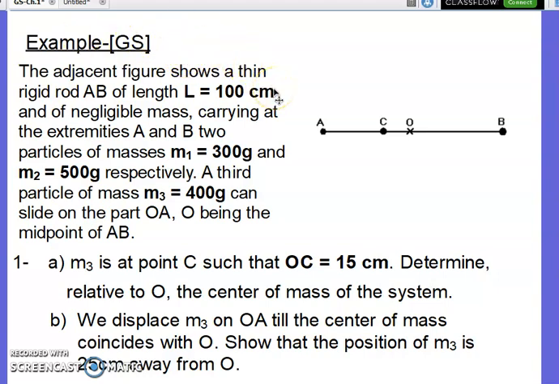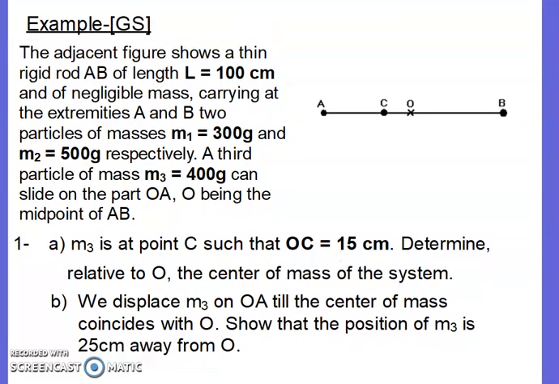So in this example, we have a thin rod AB of length 100 centimeter and of negligible mass, carrying at the extremities A and B two particles, M1 and M2.